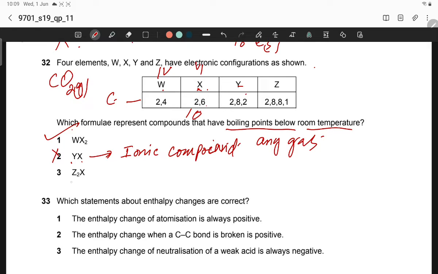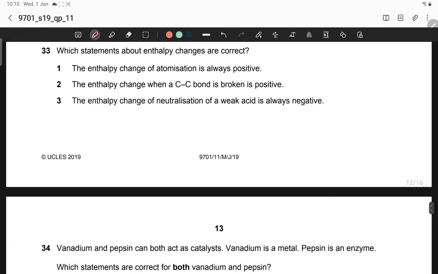It is incorrect. And Z2X, Z is again metal and X is non-metal, an ionic compound. So this is also incorrect. So D is the best option.